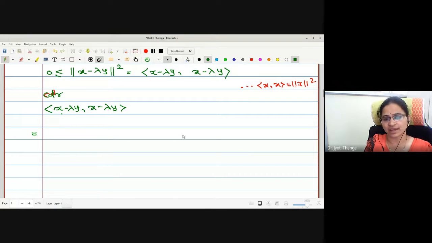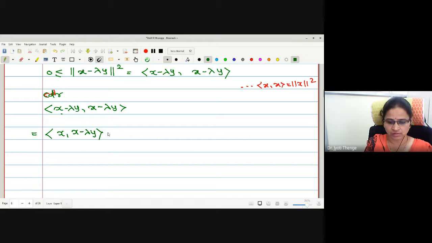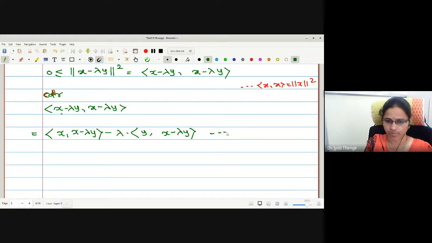You have to keep your second variable as it is and you have to separate over the first variable, right? Then what should be my first term? x with x minus lambda y, and then minus lambda inner product y with x minus lambda y. Yes, good. This is linearity in first variable, right?